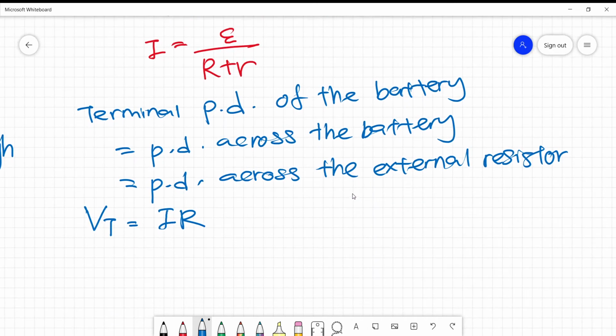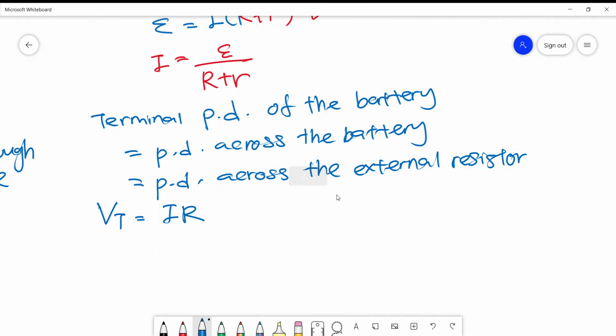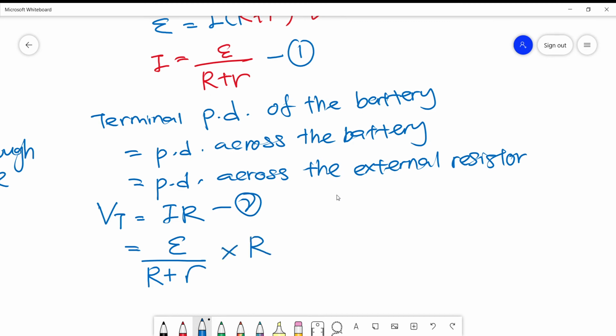Okay, so if I substitute this equation into Ohm's law, what I get is the electromotive force divided by the external resistance added to the internal resistance, multiplied by the external resistance.